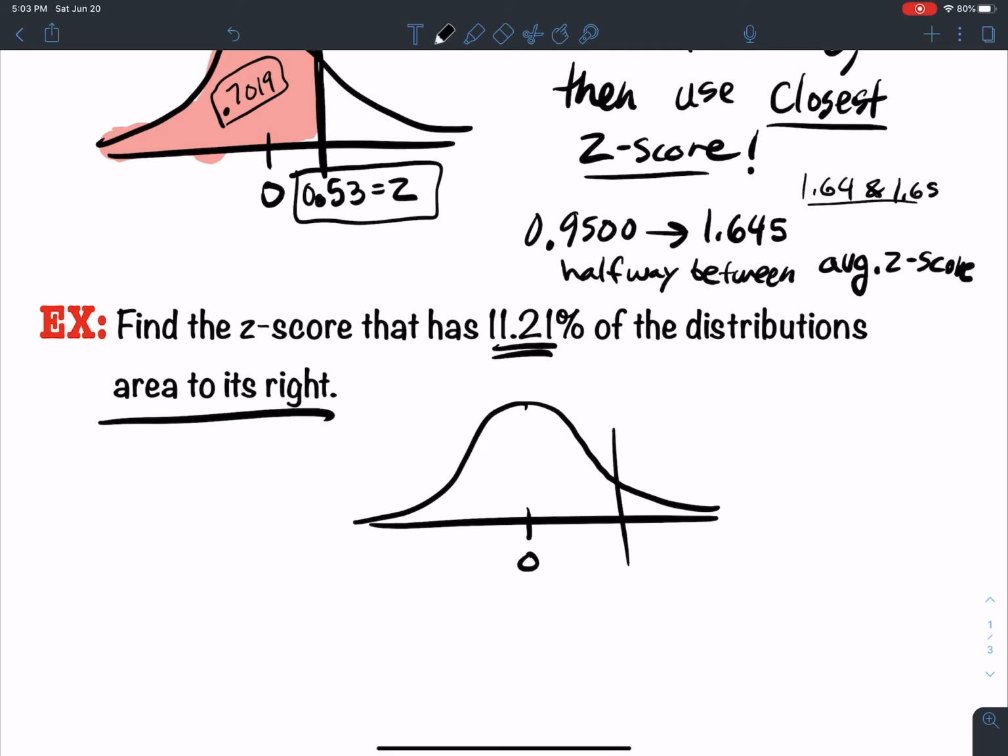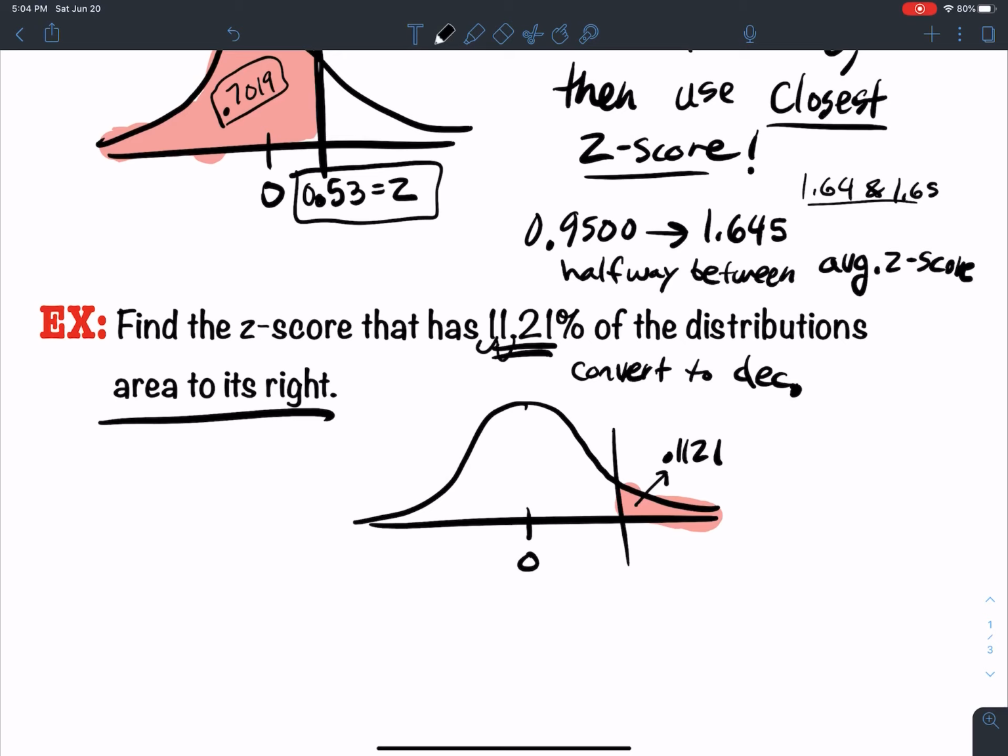So I want less than half to the right. So I know it's going to be somewhere over here. This is 0.1121. In decimal form, always convert to decimal when we're talking about this probability. So all you have to do is move the decimal place over 2 to get 0.1121.